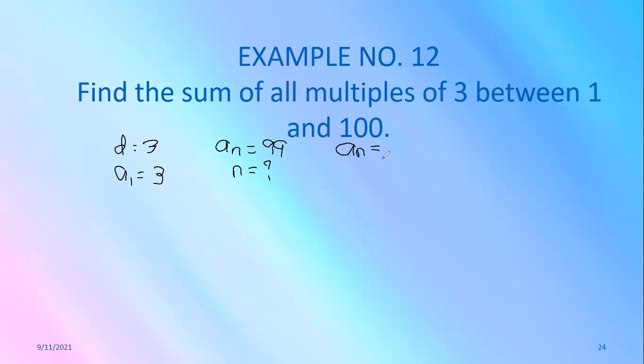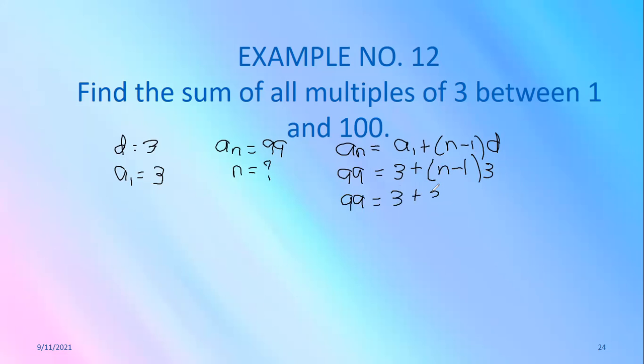So yung walang kamatayan na a sub n, which is equal to a sub 1 plus n minus 1 multiplied by d. So given ka ng nth term, which is equal to 99, which is equal to a sub 1, which is 3, plus n minus 1 multiplied by common difference of 3. So 99 is equal to 3 plus 3n, distribute natin using distributive property.